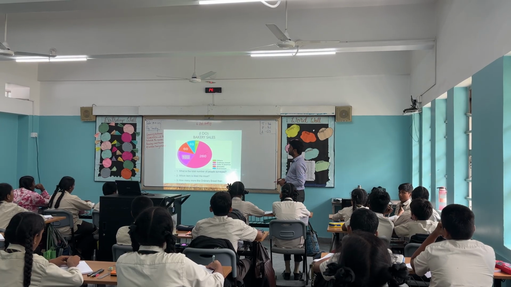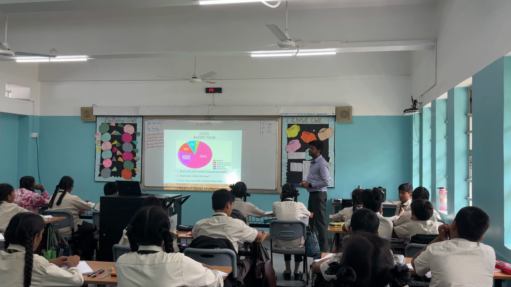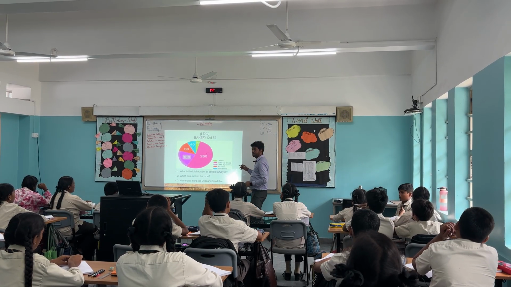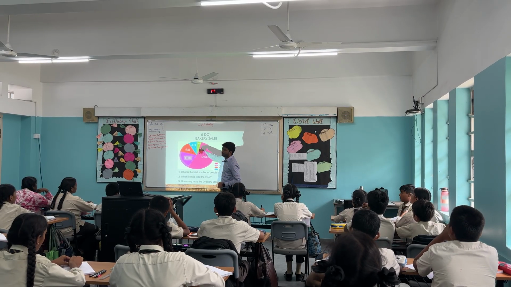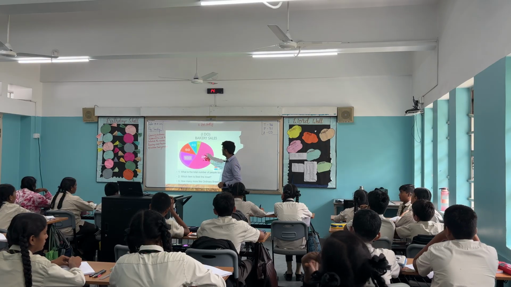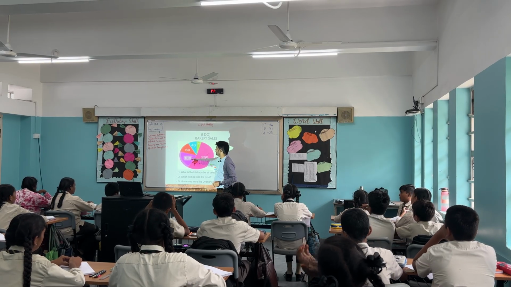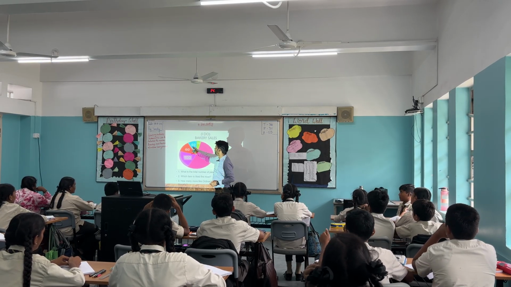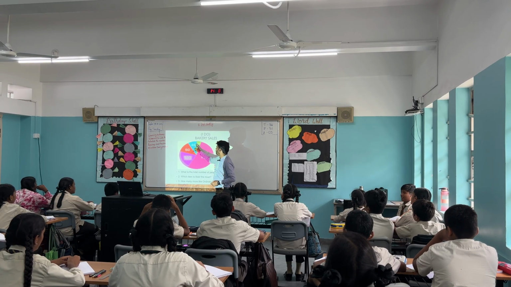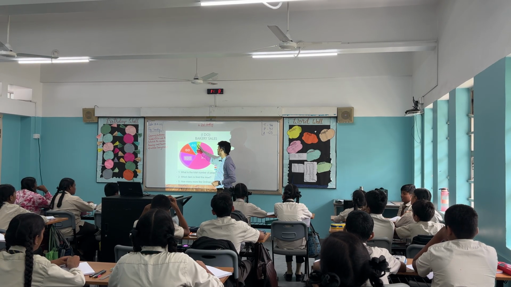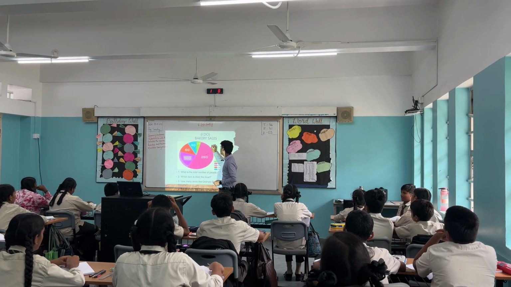What is the total number of people surveyed? We have to add all the divisions. This is 100, then 60 plus 40, 100 plus 100, 200 plus 20, 220 plus 260.